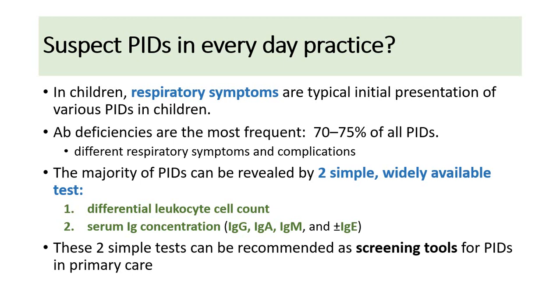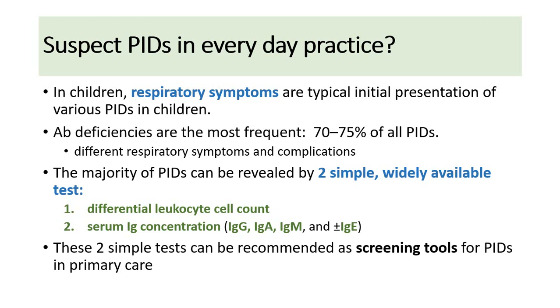But together with the infections, when we find a child or an infant with recurrent serious infections, some people might think that it is so difficult to diagnose primary immune deficiency. This is not true. Just two very simple tests can help to suspect that there could be a problem.